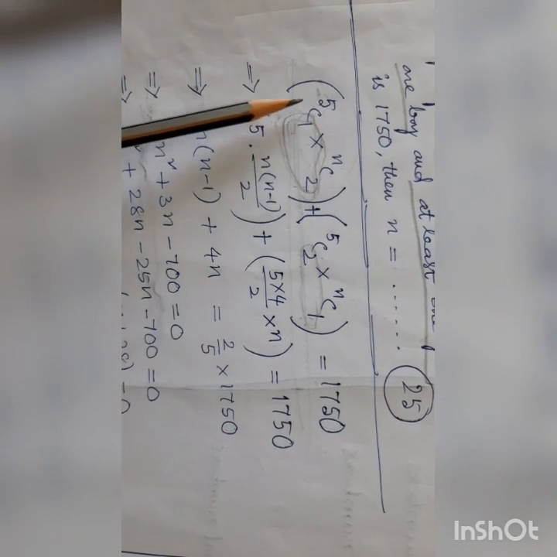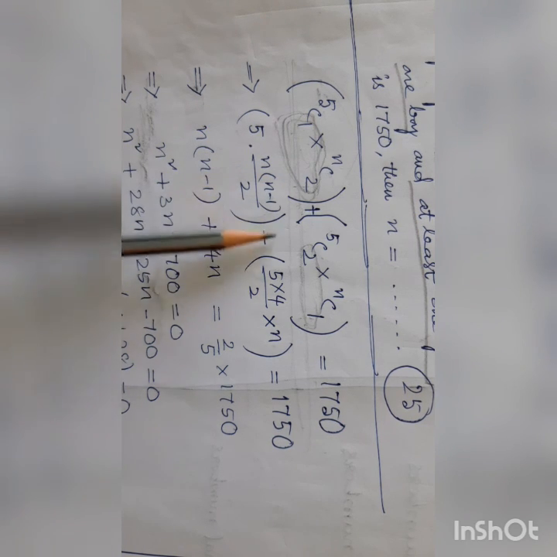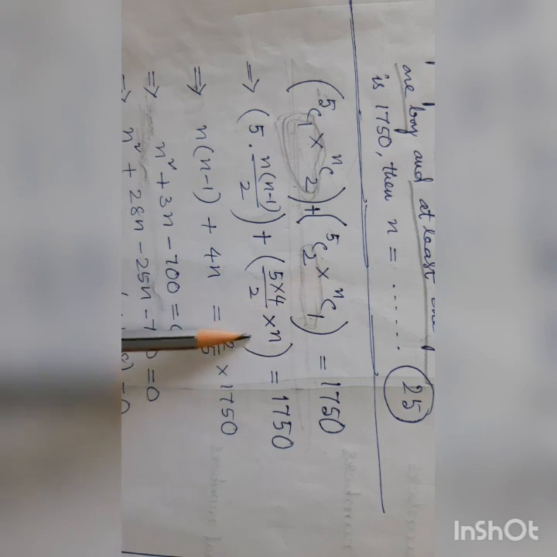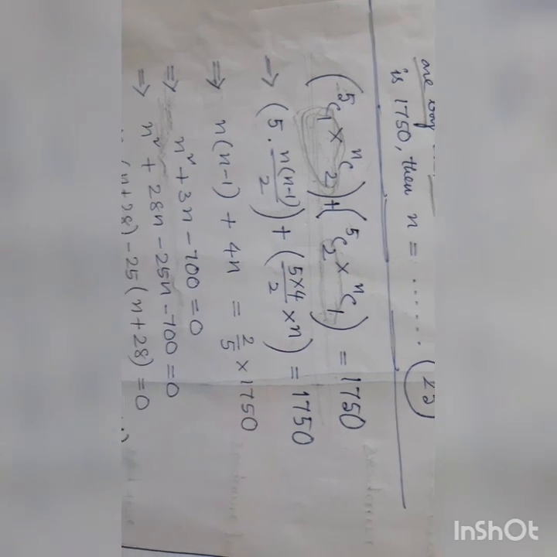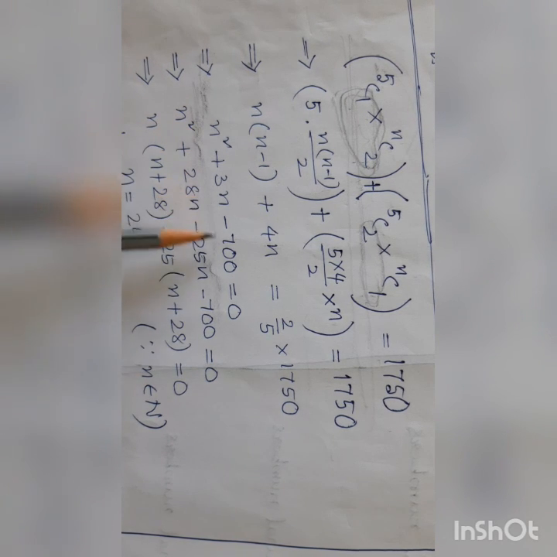So here, 1750: 5C1 is 5, nC2 means n(n minus 1)/2, plus 5C2, which is 5 into 4 by 2 into 1, into nC1, which is n, equals 1750. You simplify like this. Finally, n square plus 3n minus 700 equals 0. You have to find the roots of this quadratic equation.